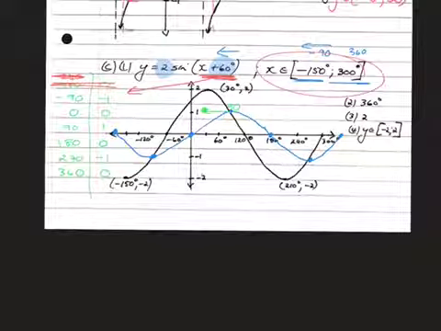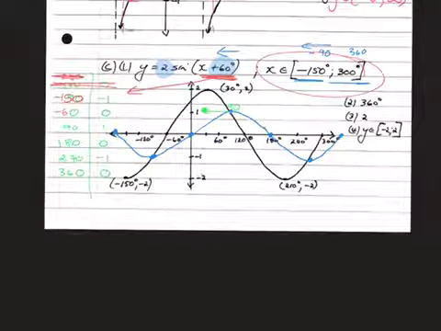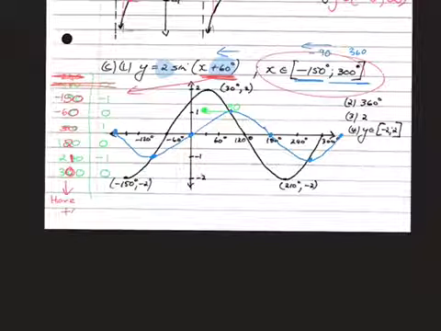So that becomes -90 minus 60 is -150. 0 minus 60 is -60. 90 minus 60 is 30. 180 minus 60 is 120. 270 becomes 210. And 360 becomes 300. So that's dealing with the horizontal shift of the positive 60 in the bracket.